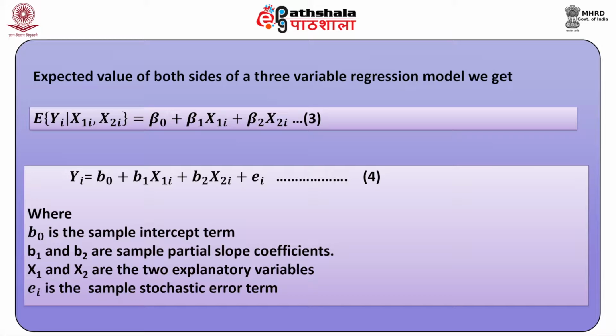The left hand side gives the most probable value of y given x1 and x2. This is a population regression function of y on x1 and x2.